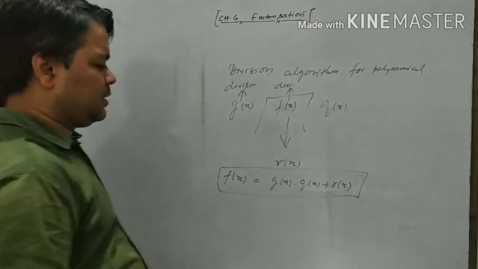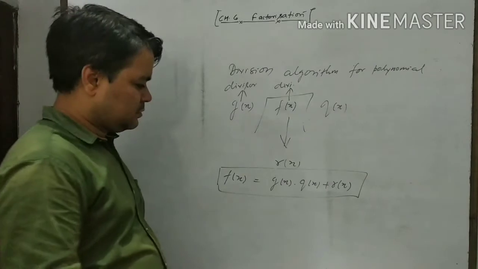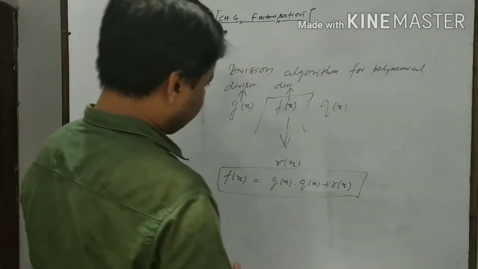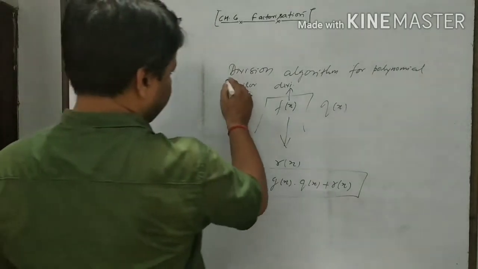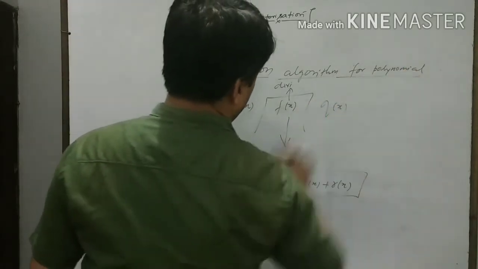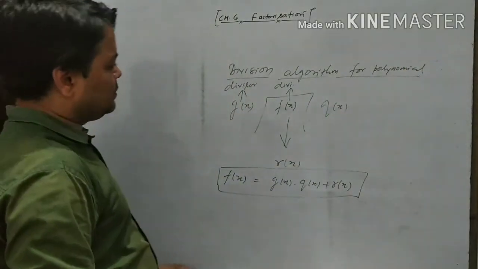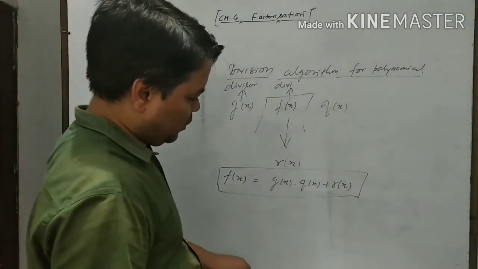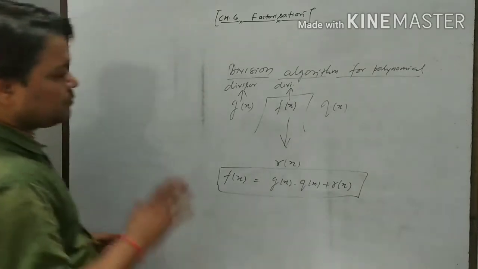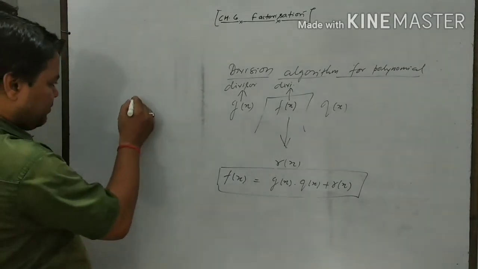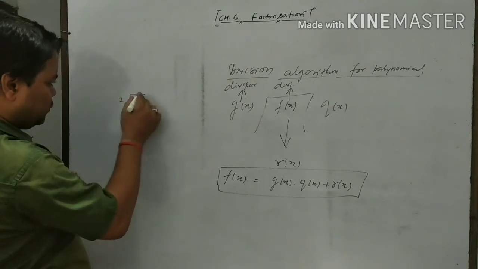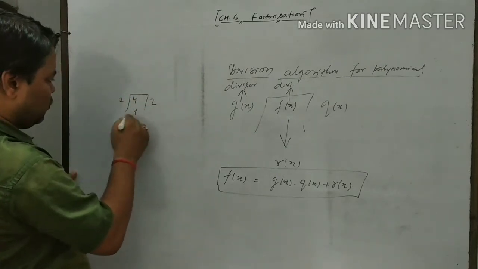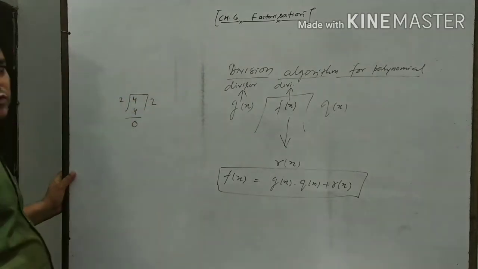Rx is the remainder. Then this relation is called the division algorithm for polynomials. Now, if 4 is divided by 2, then 2 twos are 4 and the remainder is 0.